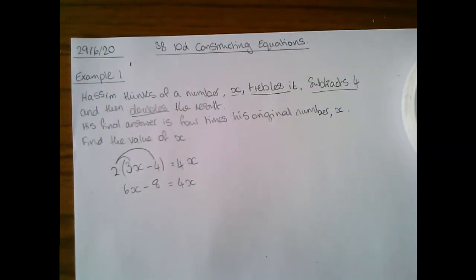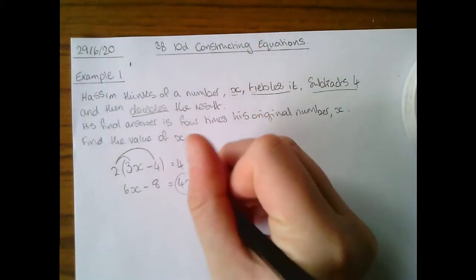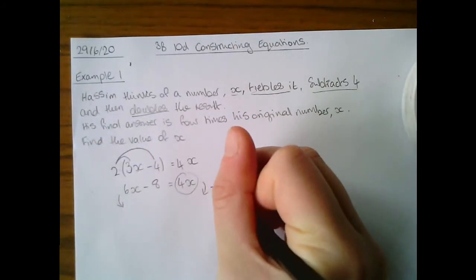Now we have a problem with unknowns on both sides. To deal with this type of problem, we look at which x term has the lower number in front of it. Again, be really careful with the negatives. That's that one. So we are going to subtract 4x from both sides.